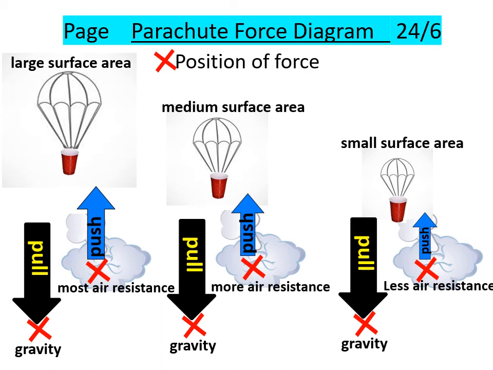It just took a little more time with the large surface area, okay? Remember that gravity was the same. Gravity was not stronger for the large surface area. It was the air resistance that was stronger for the large surface area. Gravity was constant or the same every time we dropped the parachute.